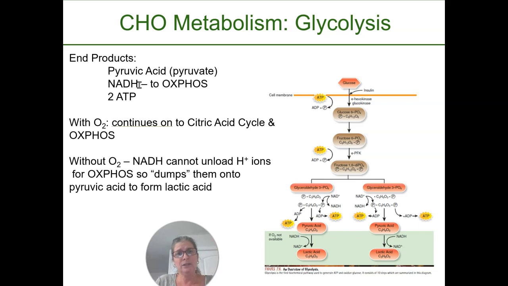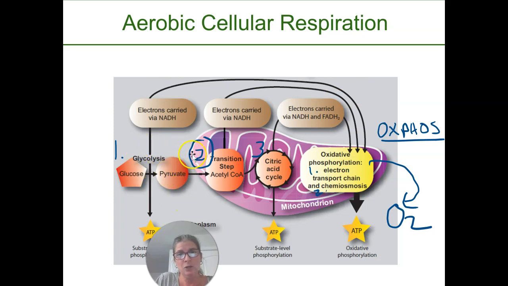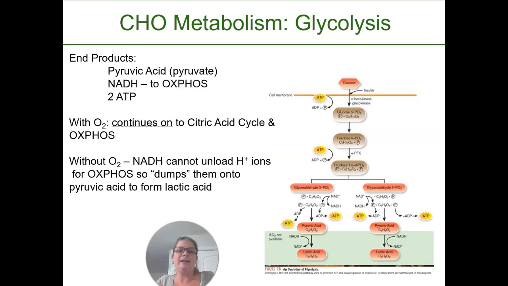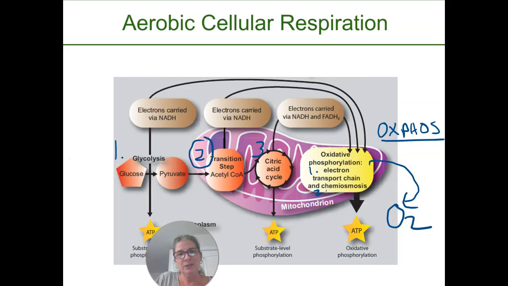So if oxygen is available, this pyruvic acid or pyruvate that is formed is just going to continue into the mitochondria and undergo the transition step, and it's just going to work its way through. Well, what if, again, we're working at such a high, fast level, we just can't keep up. We can't get oxygen to our muscles quickly. Well, if there's no oxygen, this oxphos is going to stop.